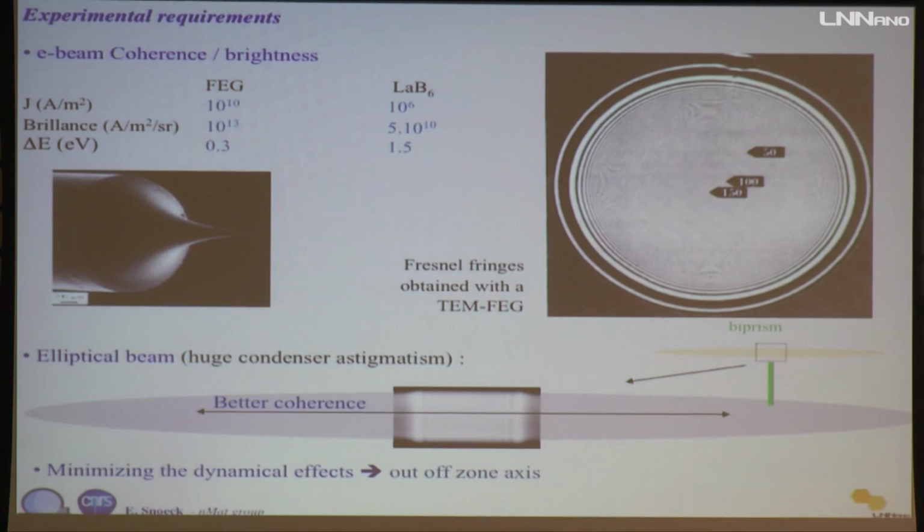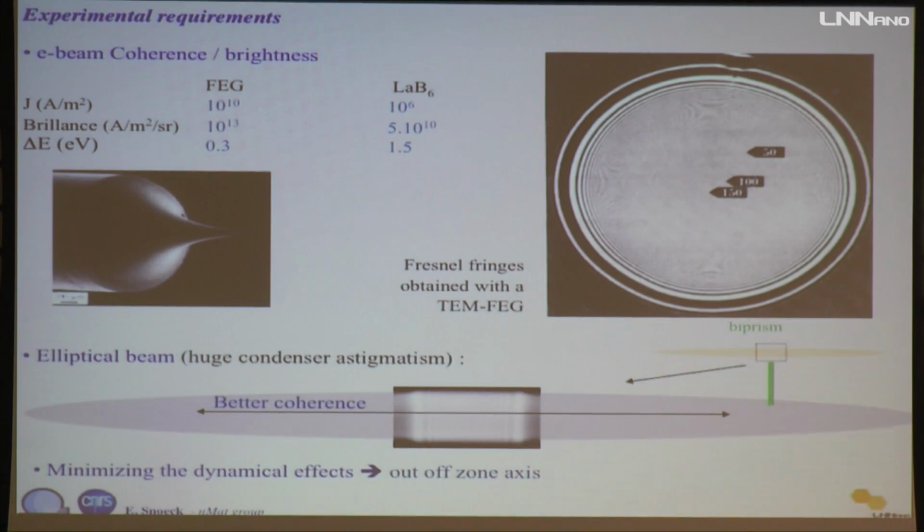And if you want to have an even better coherence, you have to work in a particular condition. Normally, when you are using a TEM, you have a beam. You take a round beam, and you try to have a kind of homogeneous intensity distribution over the image, using the spreading of the beam, using the astigmatism of the condenser.